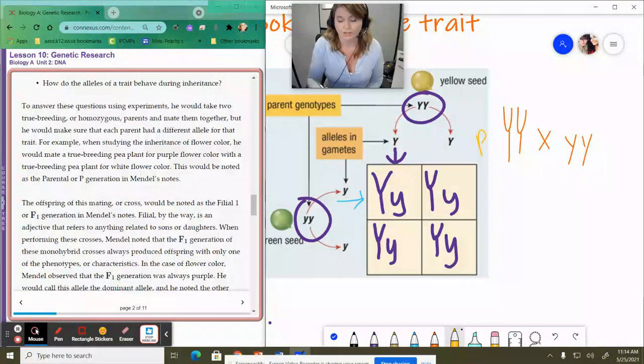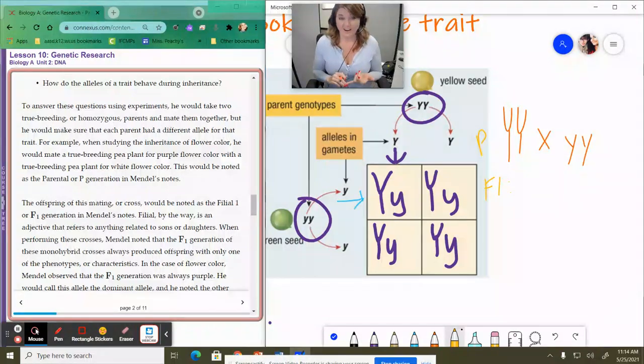That's our P generation. And then we need our F1 generation. And so our F1 generation is going to be the offspring of our P generation. And here we have our 4 different potential offspring, all of which have the exact same genotype.